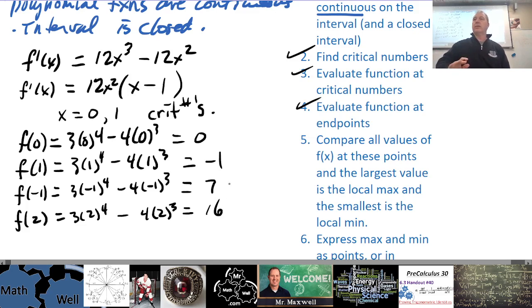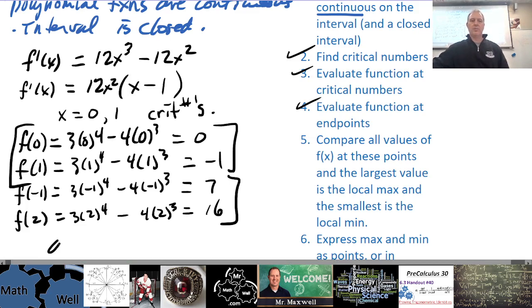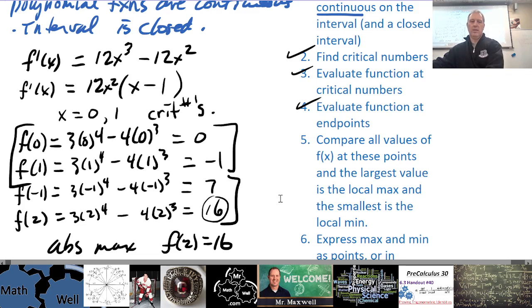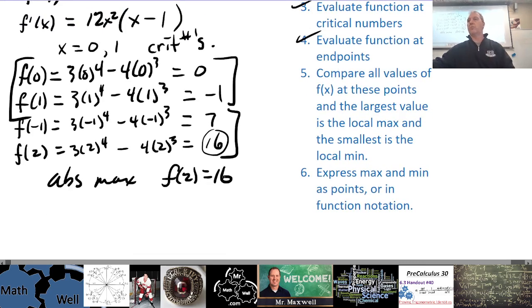So we consider the possible local max and min values. Again, we don't know if they are, but the critical numbers here, we consider these values and the endpoints. And so the absolute max is this value, the maximum. So f of 2 equals 16. That's the best way to write that, or you can put the point 2 comma 16. And absolute min is, what's the smallest value here?